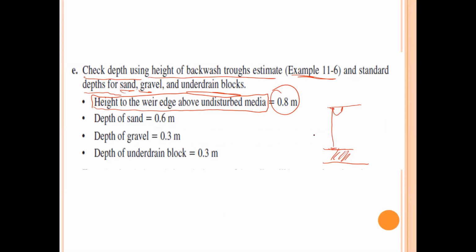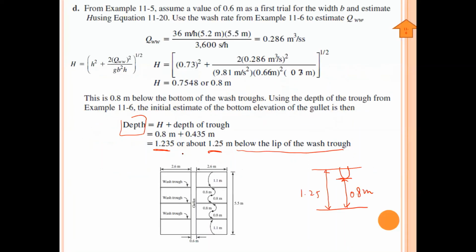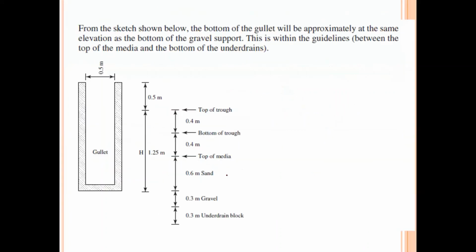This height is 0.8 meter, and we use standard depth of media: sand, gravel, and the underdrain. Standard depth of sand is 0.6 meter. Standard depth of gravel is 0.3 meter, and the depth of underdrain block is 0.3 meter. Now we try to match this edge we calculated here with these things we have already calculated together.